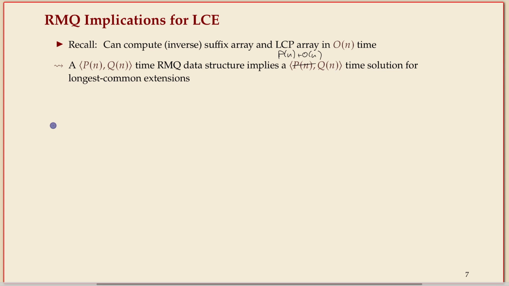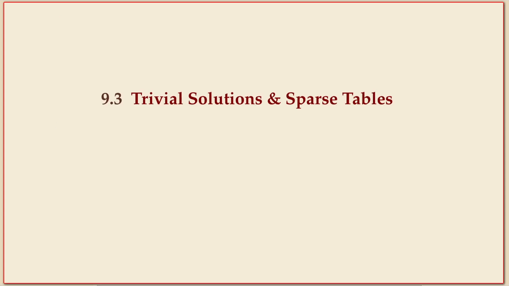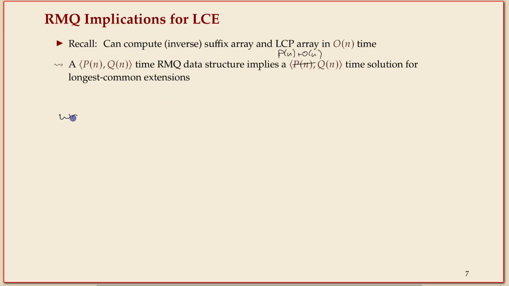So if you remember what we want, the promise of the black box in Unit 6 was that we can do this in linear pre-processing time and constant query time. Okay, that's what we're trying to do.